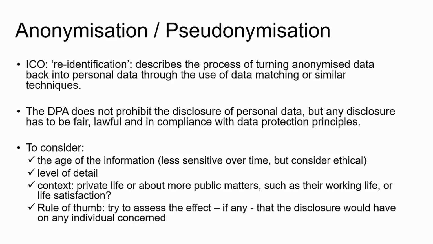And then here we normally use a rule of thumb. We can think about it this way: we try to always assess the effect, if any, that the disclosure would have on any individual concerned or a data subject.